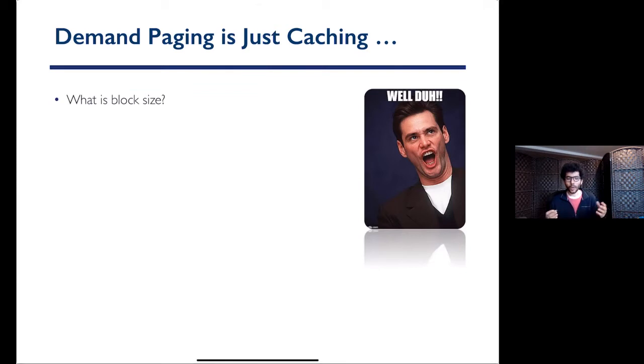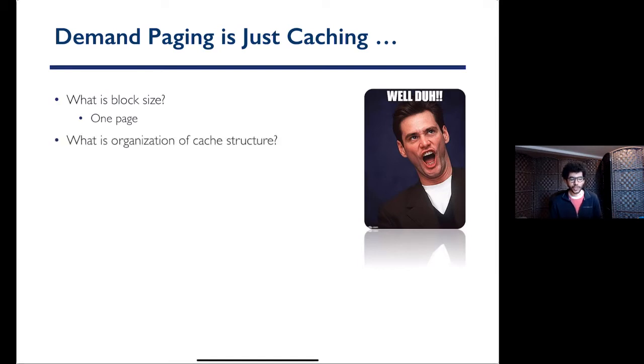We said the smallest block is 1 byte, but usually each block has multiple bytes, 32, 64, 128, or bigger. So what is the equivalent of blocks here? Now we're talking about pages. The unit of caching is the page. So we're going to bring a page into physical memory or evict a page to permanent storage.